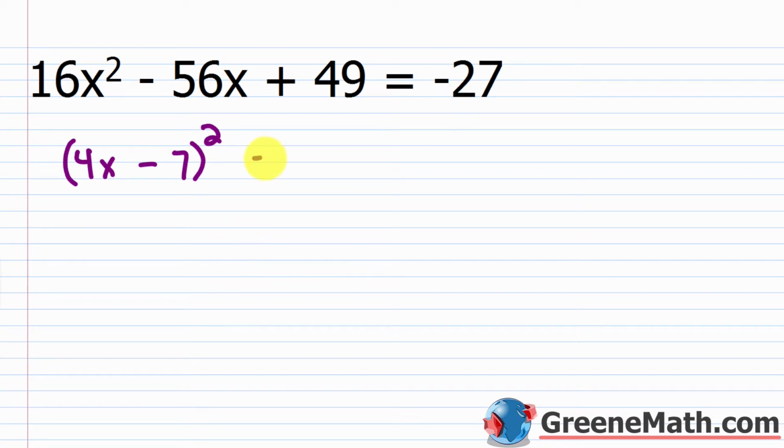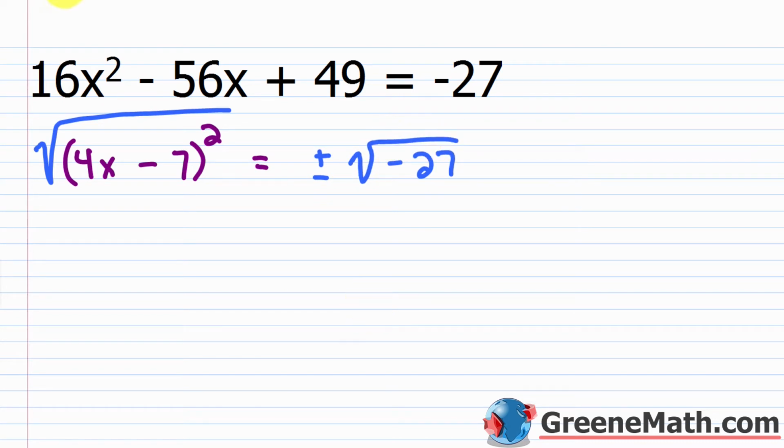So if we set this equal to negative 27, now we have something that we can solve, right? So essentially what I'm going to do here is I'm just going to take the square root of this side, and I'm going to just kind of slide this down. I'm going to take the positive or negative square root of this side, okay? So we know that this cancels with this, and I have 4x minus 7 on the left, and this is equal to plus or minus the square root of negative 27.